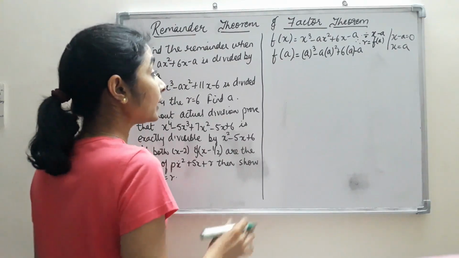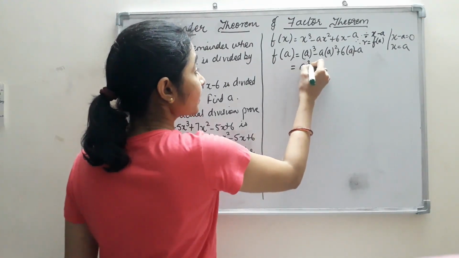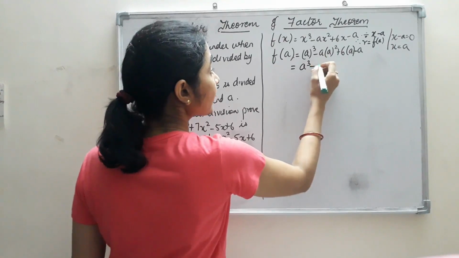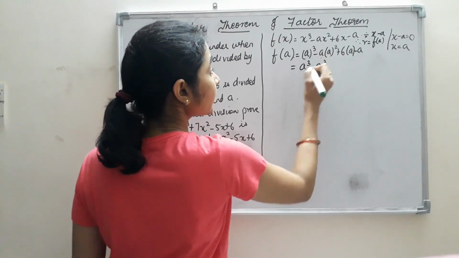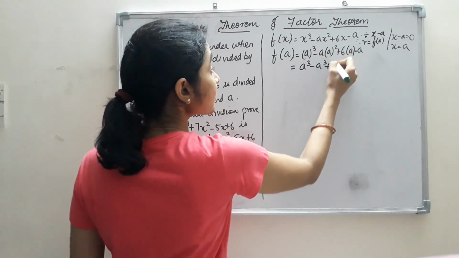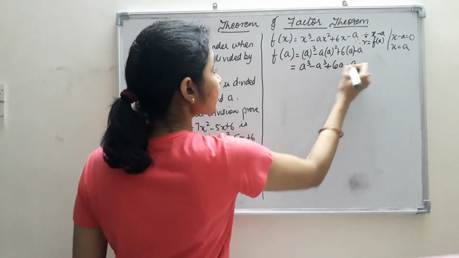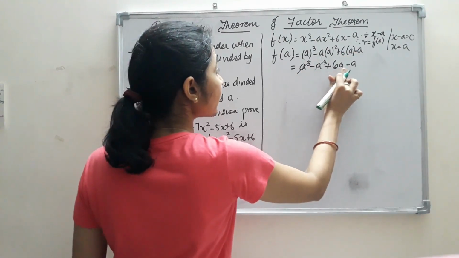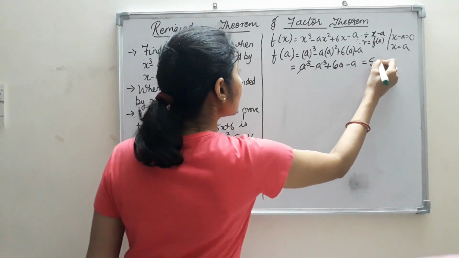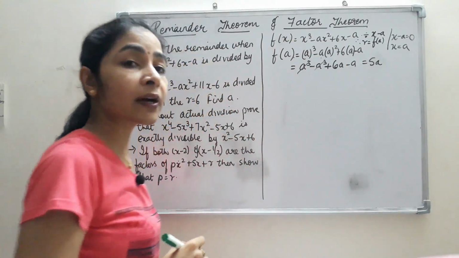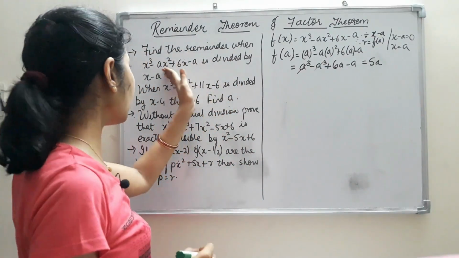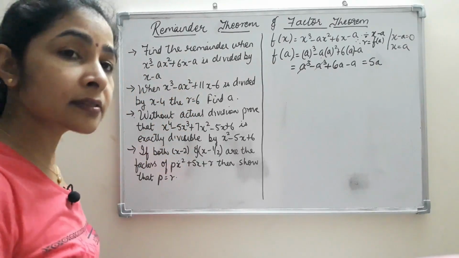Now here, opening the bracket, a cube minus a into a square, a cube, plus 6 into a minus a. Now these two cancel. 6a minus a gives me 5a. So the remainder is equal to 5a when this polynomial is divided by x minus a.